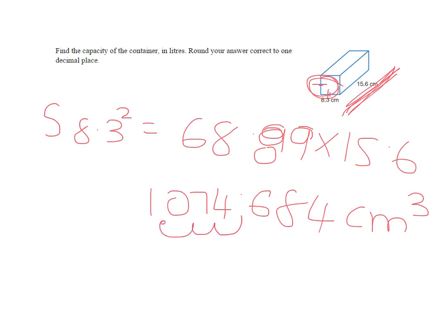So the answer would be 1.074, but they want the answer correct to 1 decimal place. So that's the decimal place. He looks next door. The 7 is big enough to change him. So your answer is 1.1 liters. And you can put a capital L for that, and that would be liters.